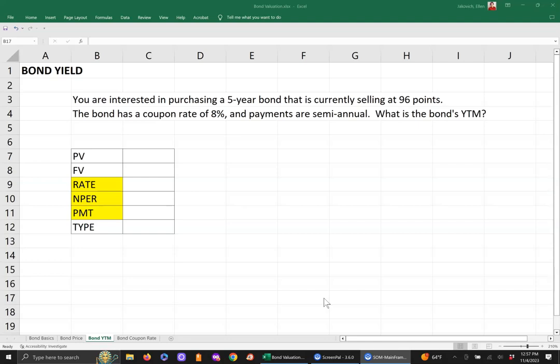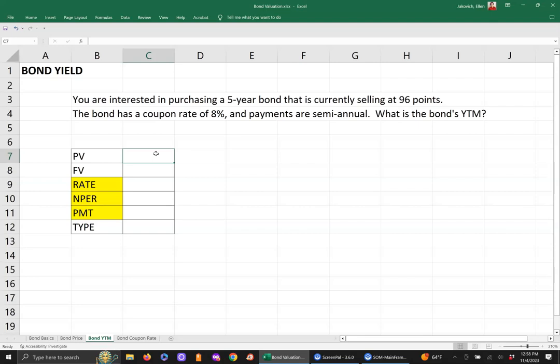Well, when it doesn't say, the bond is worth $1,000. So we already know from that first information that our present value is going to be 96% of $1,000, which is $960. So let's go ahead and type that in.